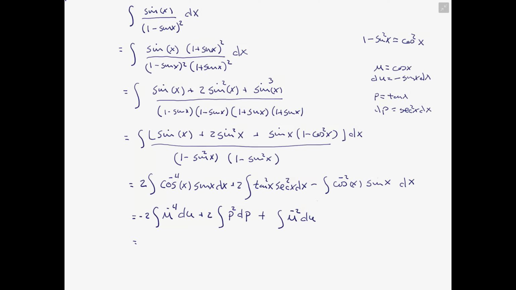So now we just do our integrals, and we've got 2/3 u to the minus 3 plus 2/3 p to the third, plus minus u to the minus 1 plus c, and u happens to be cosine, so we have 2/3, and we take that out, and this is secant third x.